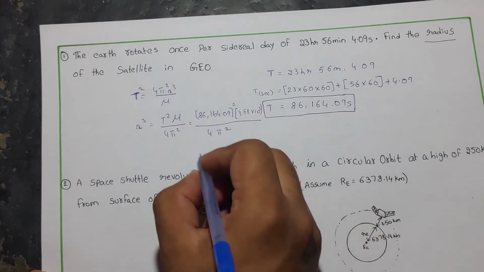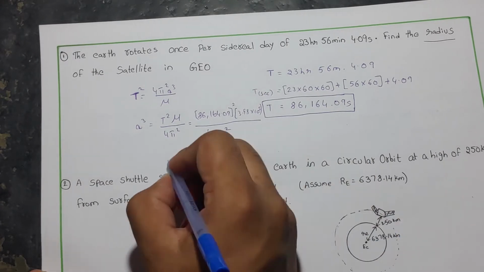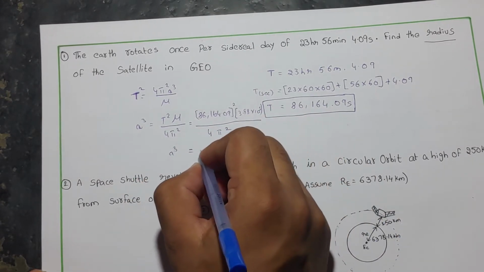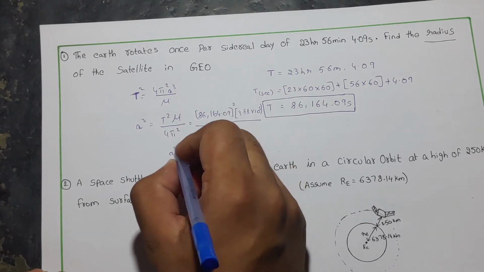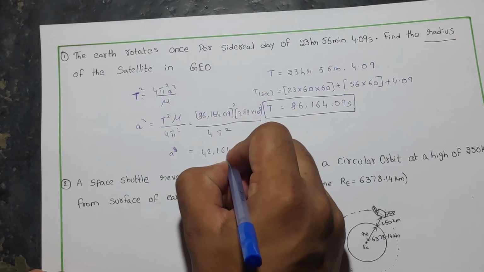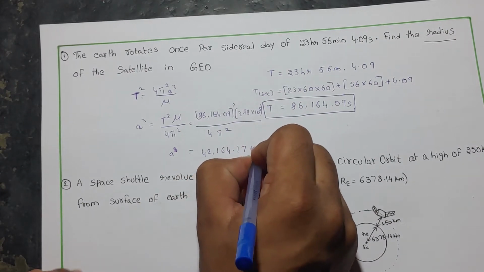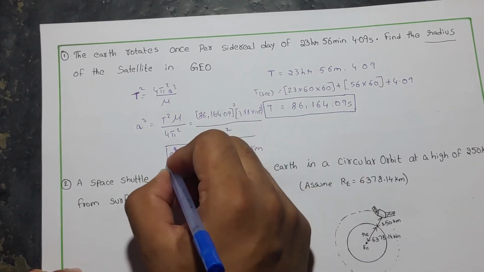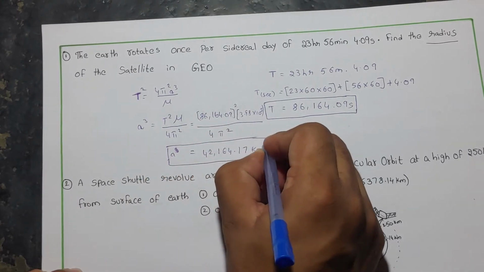This gives the result A equal to 42,164.17 kilometers. I recommend doing the calculations using a scientific calculator.